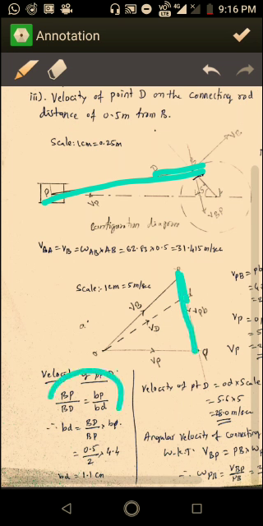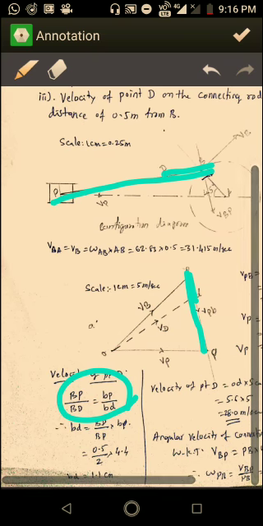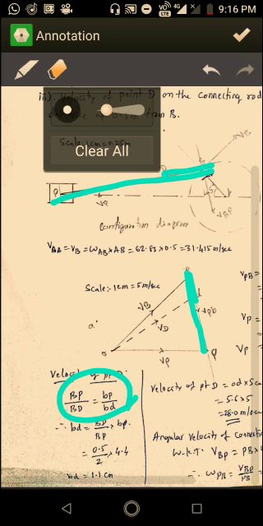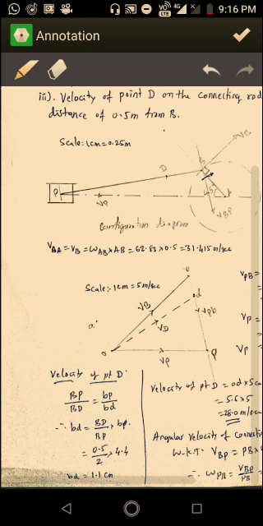So from this equation, BD will be equal to this. Putting in the values, BD is 0.5 divided by 2 into 4.4, which gives 1.1. So mark this 1.1 centimeter from the point B, and the point D will be obtained.